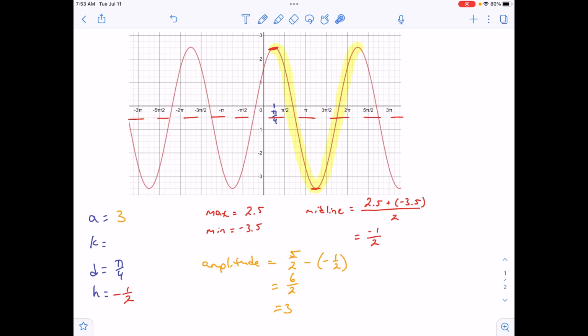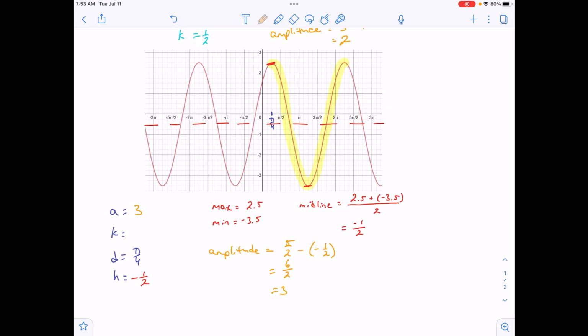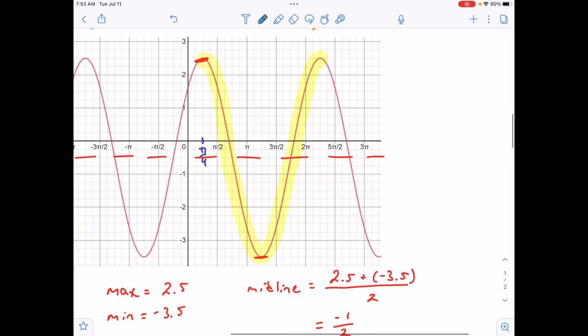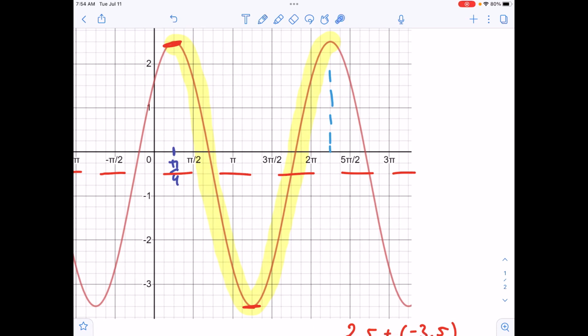And then last but not least, we have to figure out our k value, our period here. So my function starts at pi by 4, and it's going to end here, which is at 2 pi plus pi by 4. So if we count up by pi by 4s, this is 1 pi by 4, 2 pi by 4s, 3, 4, 5, 6, 7, 8, 9 pi by 4.